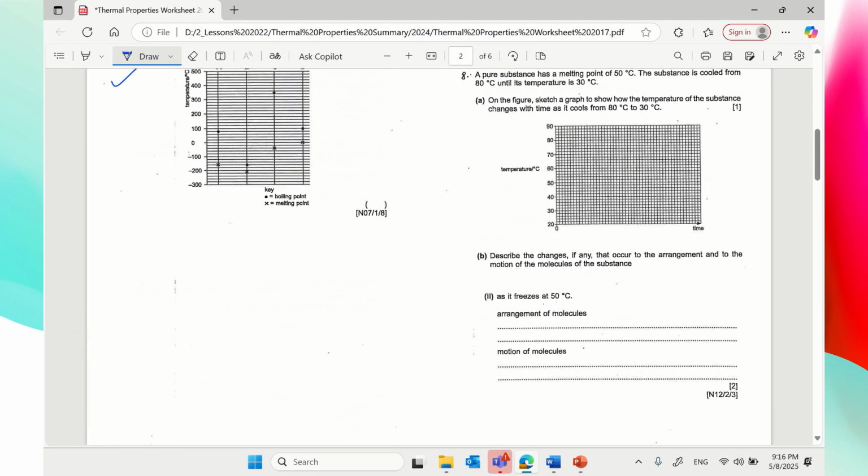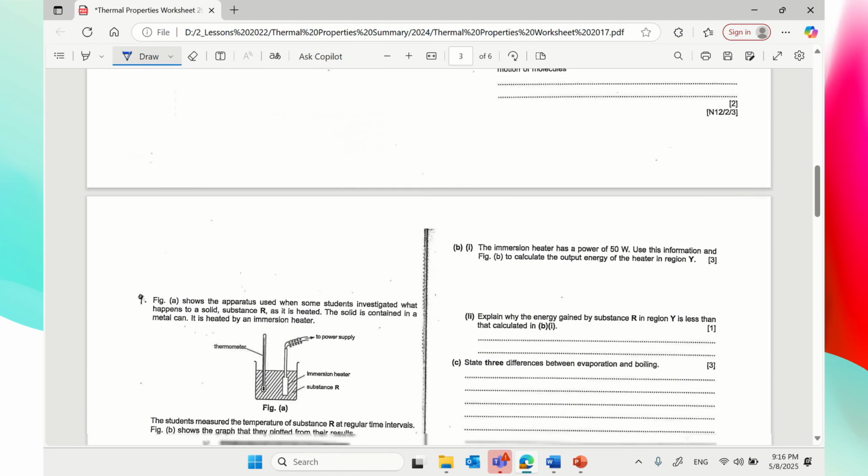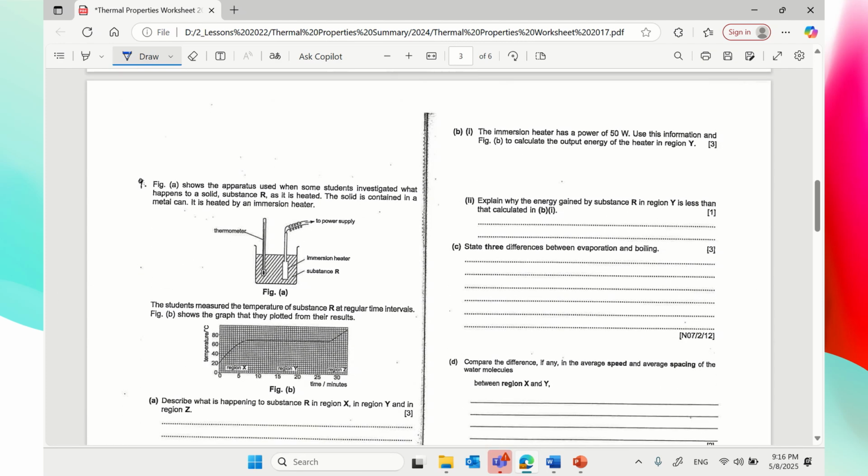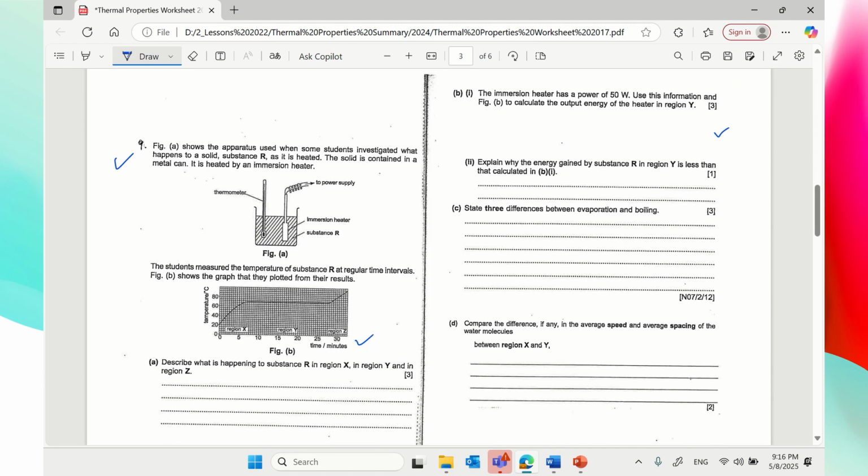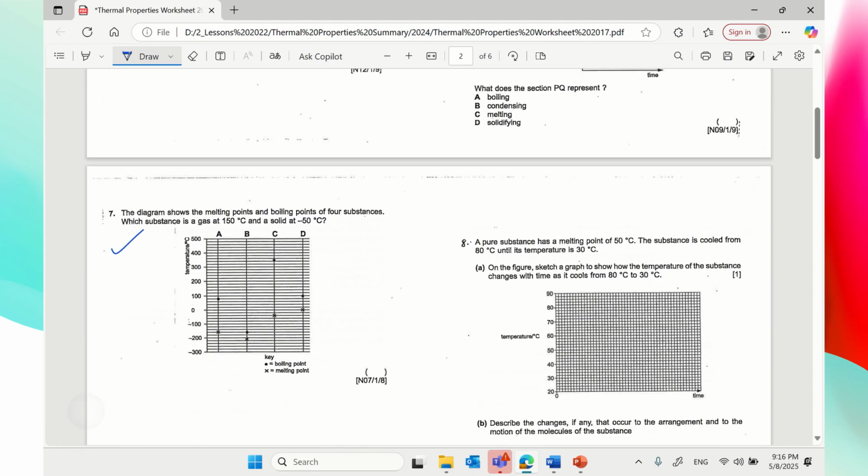I would like you to at least try question 9, because question 9 has this graph with time and a bit of calculation, talking about the differences and what happened to the region. You can skip question 8.